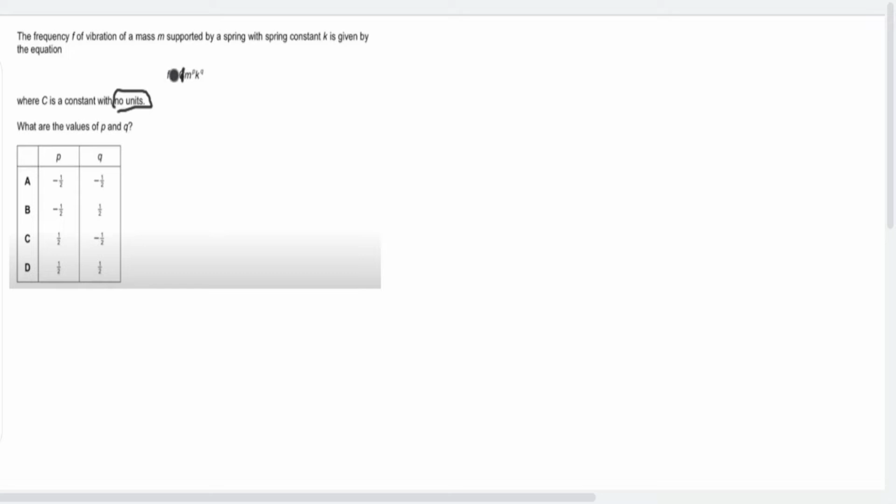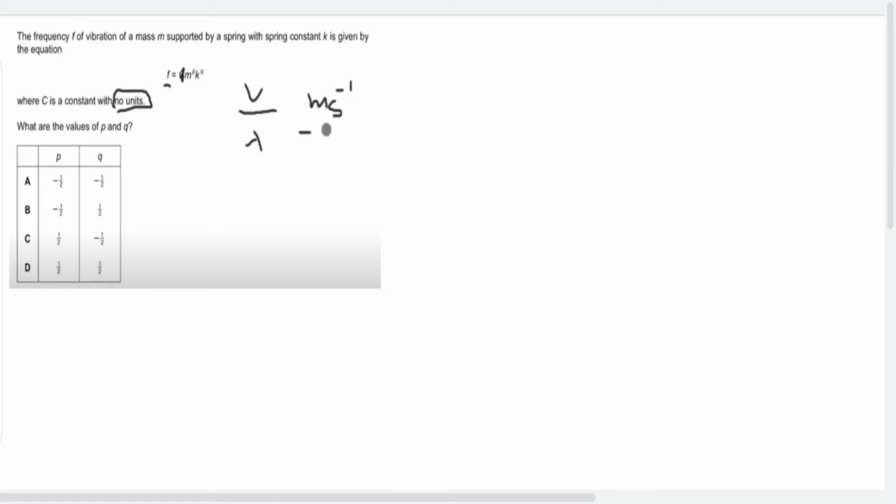Homogeneity says that whatever unit is present here must also be present here. So whatever the base unit f has will also be the base unit that this entire thing will have. What is the SI base unit of frequency? I know that frequency is velocity over lambda. Velocity is m s negative 1.